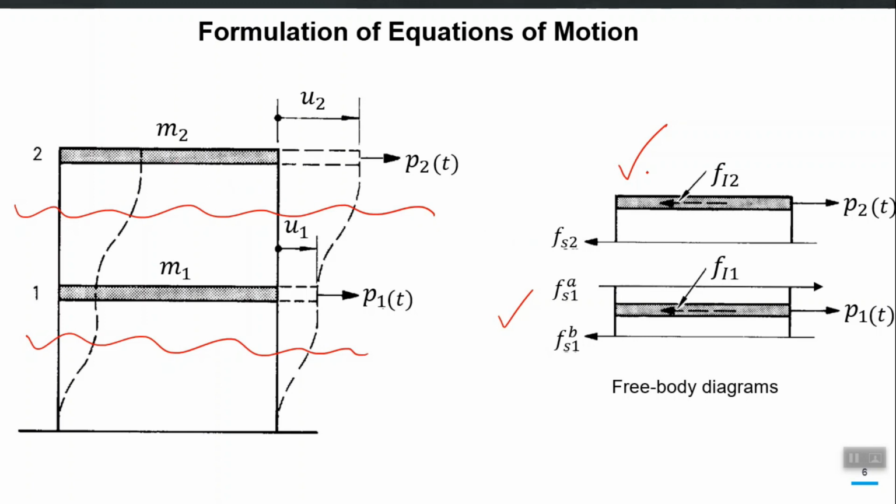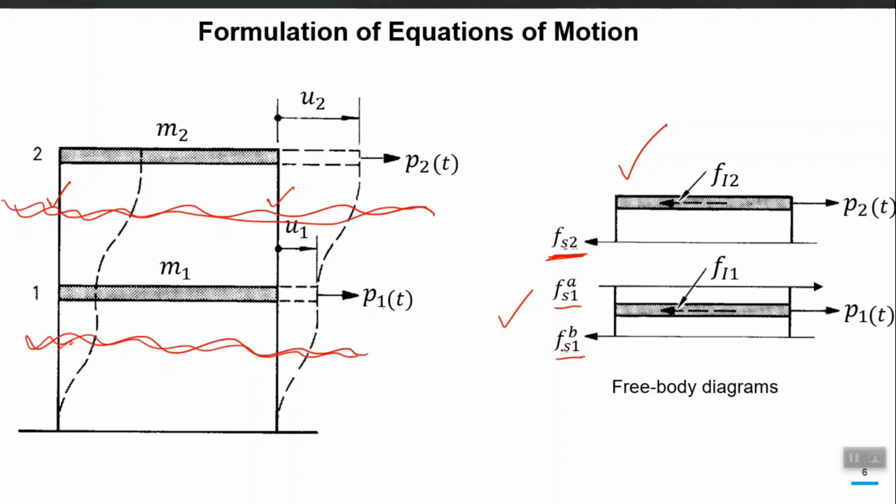So, only inertial forces Fi2 and Fi1, and there will be elastic restoring force in those columns. Let us call the elastic restoring force of this column and this column combined Fs2, right. And for the second free body diagram, we will have two elastic restoring forces, one from this cut and second from this cut. So let us call them Fs1A and Fs1B, right.